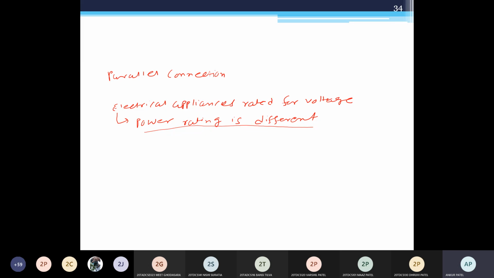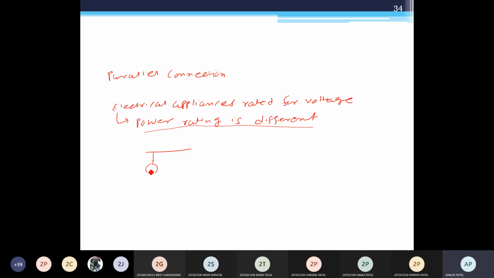So this is the main advantage of parallel connections. We can connect a number of electrical appliances rated for the same voltage but with different power ratings, and they can perform without affecting the other appliances. If any break or failure occurs in any branch of the circuit, it will have no effect on the other branches of appliances.